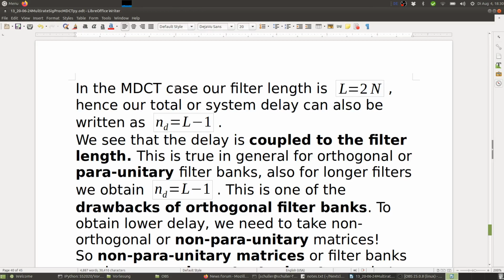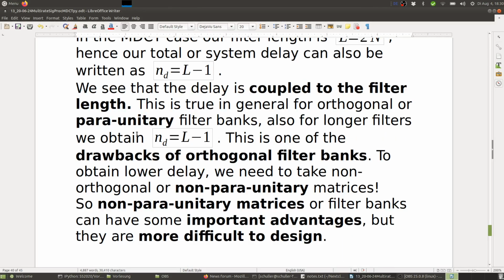In the MDCT case, our filter length is L equals 2N, so it fits. Hence, our total or system delay can also be written as ND equals L minus 1. We see that the delay is coupled to the filter length. This is true in general for orthogonal or paraunitary filter banks.